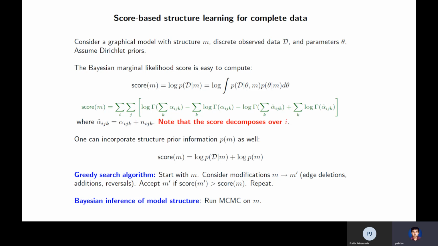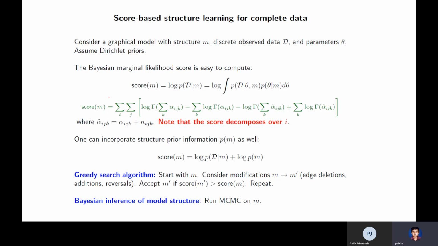One of the scores is called the Bayesian marginal likelihood. M is a model. It is nothing but the log likelihood of the data given the model. You can express it as log of the integral of P(D given theta and M), where theta is the parameter, times P(theta given M) d theta.